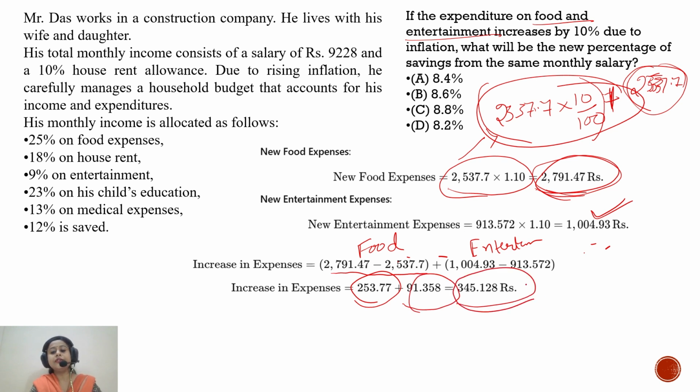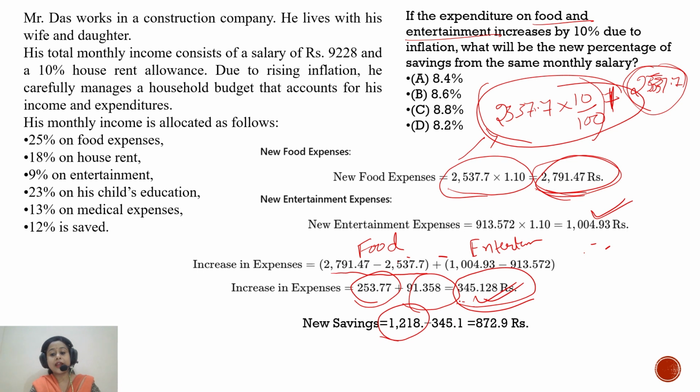Together it will give you an increase in expenditure of 345. If you add these two, you will get this amount. So what is your new savings? From the summary table you can collect this information that your earlier savings was 1218.